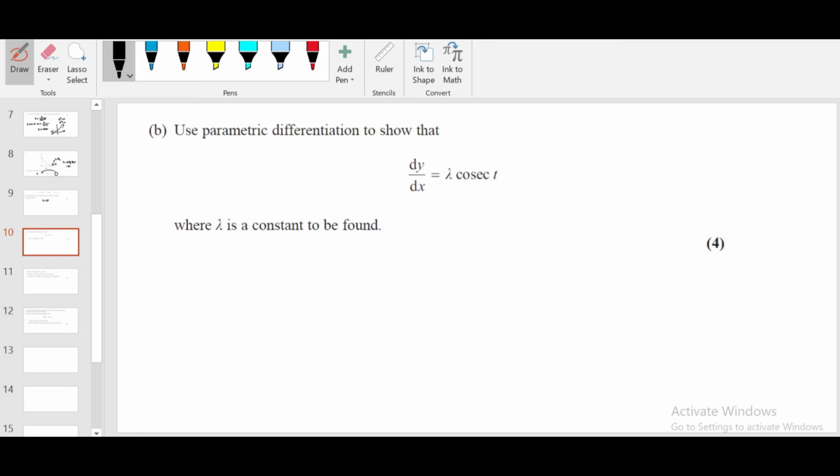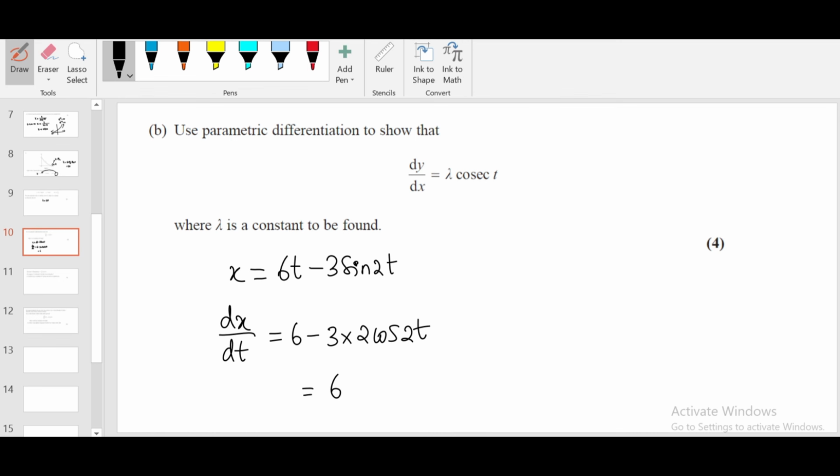Find dy by dx, use parametric differentiation to show that dy by dx is this. Okay. We'll take the x first: 6t minus 3 sine 2t. Differentiate it with respect to t. We'll get 6 minus 3 times the derivative of sine 2t, which is 2 cos 2t, so 6 minus 6 cos 2t.